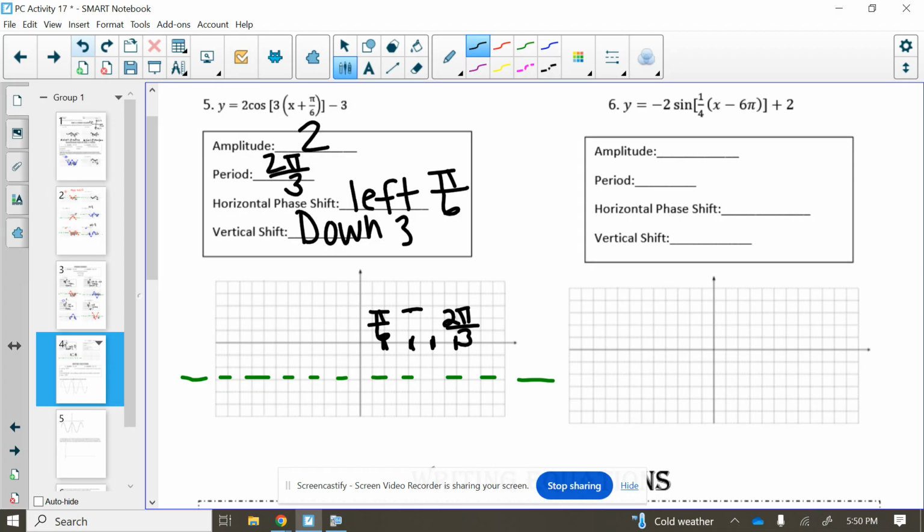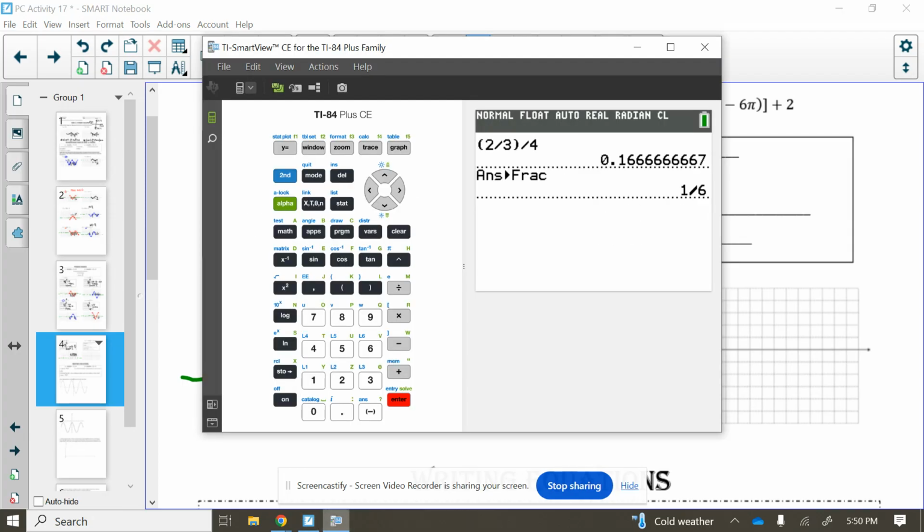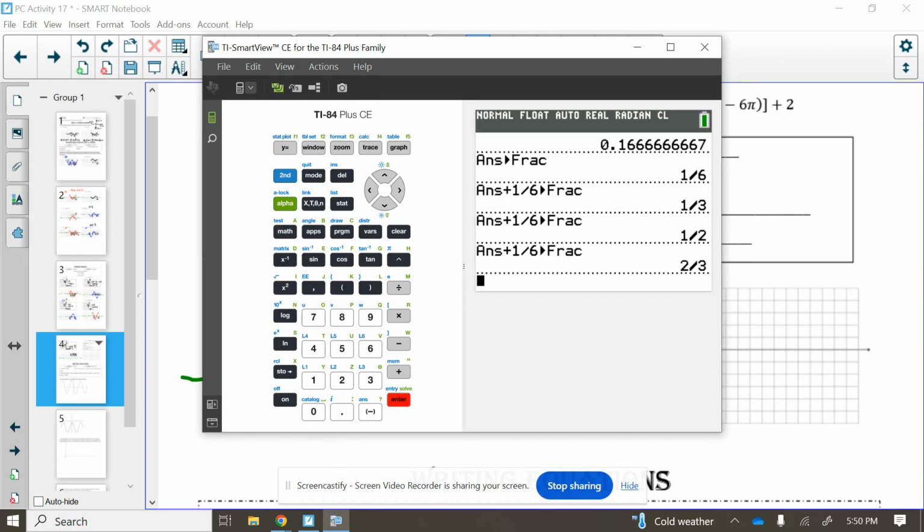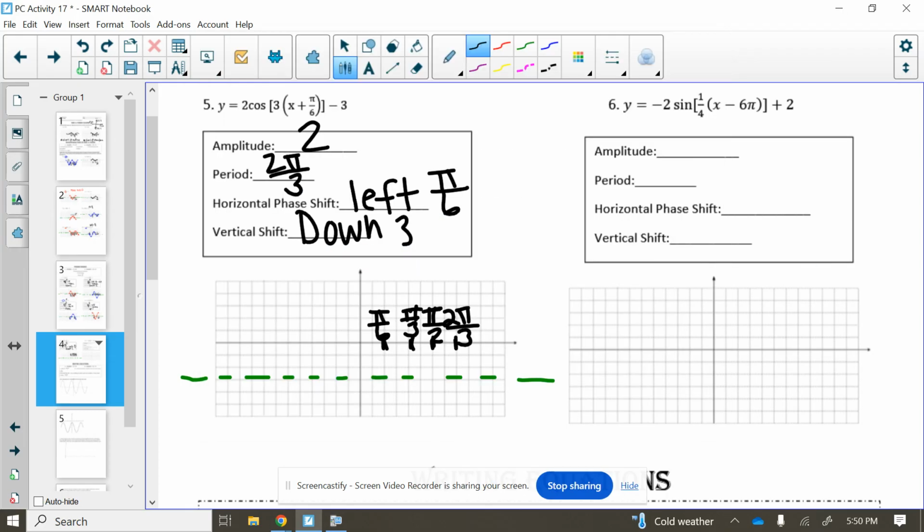We have 2 pi over 6, which is actually going to reduce to be pi over 3. 3 pi over 6 is going to be pi over 2. And then we have 4 pi over 6, which reduces to be the 2 pi over 3. So again, if you keep thinking about adding 1/6 each time, we see the 1/3, the 1/2, the 2 pi over 3. We just have the pi's then. So kind of a tricky scale just because we're not used to using that.